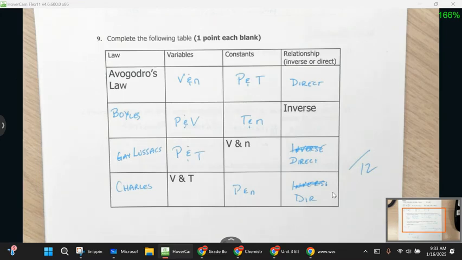Now think about this. If we went from 1 Celsius to 10 degrees Celsius, what is happening to the temperature? It went up by 10. What would happen to the pressure of the air around us? It would go up by 10 times as well, right? But this is 274 Kelvin.